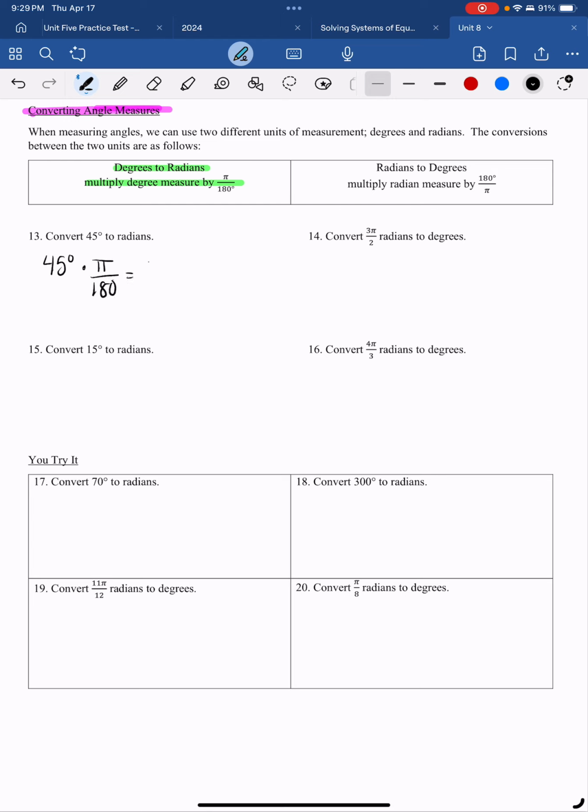Basically, this is going to give us a fraction, 45 pi over 180. And then we want to reduce the fraction, but we don't want to type the pi into our calculator because then we're going to get a decimal answer. So all we want to type into the calculator is 45 over 180 so that we can reduce.